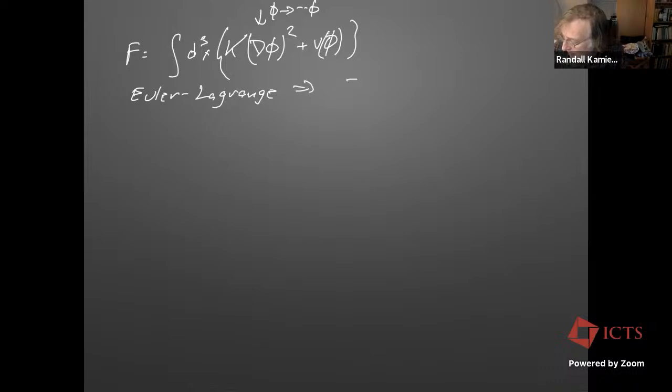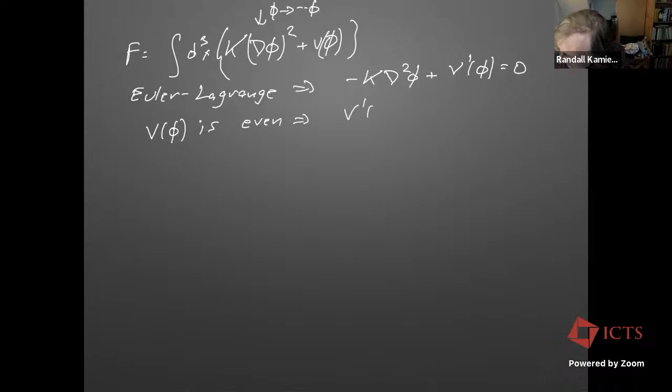Euler-Lagrange gives me minus k del squared phi plus V prime of phi equals 0. So what? Well, V of phi is even. So V prime of phi is odd. And that means that V prime at 0 is 0.